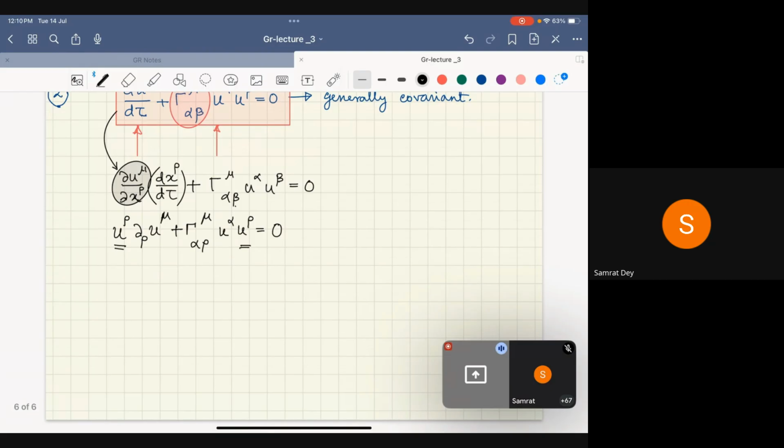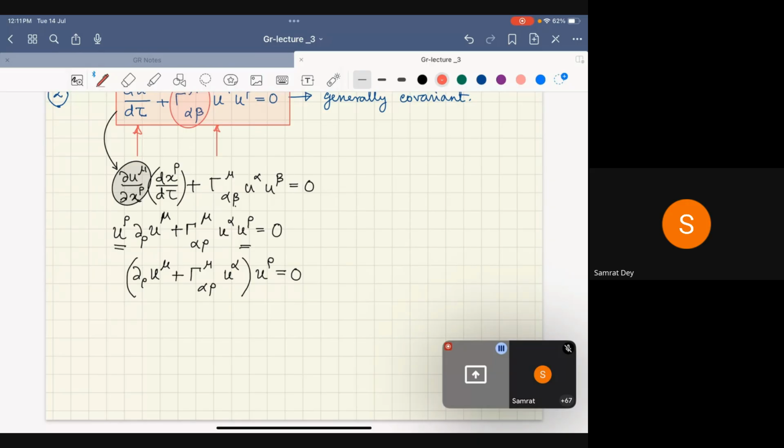And if I take u^rho common, then this becomes del_rho u^mu plus Gamma^mu_alpha_rho u^alpha, taking this u^rho common, which is what I was telling.